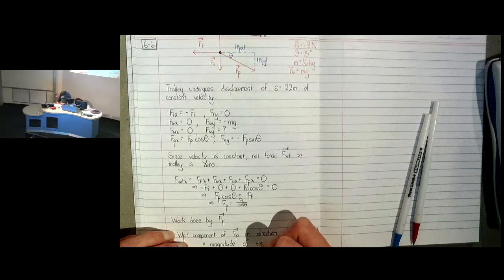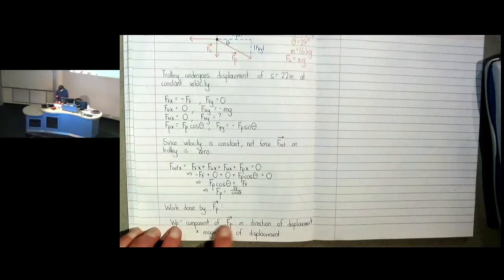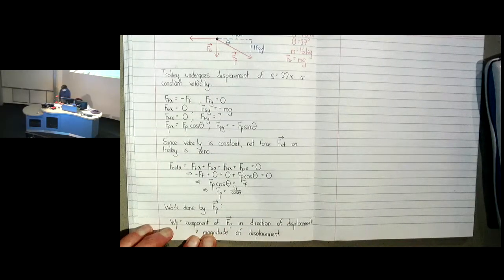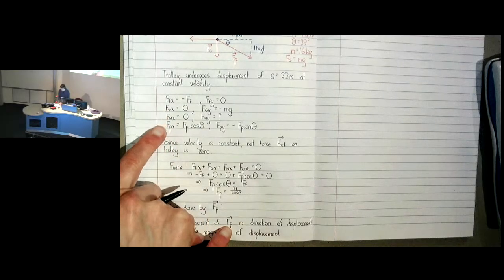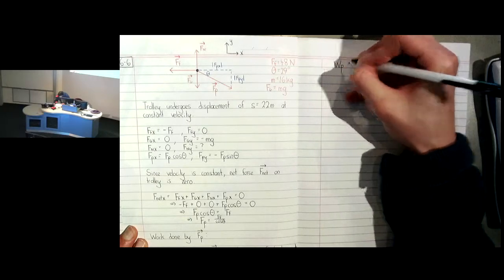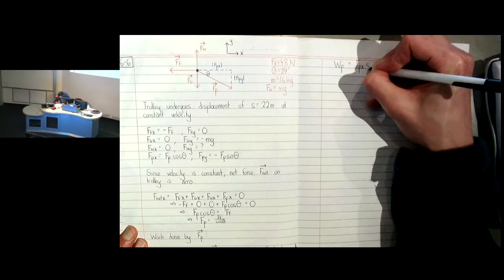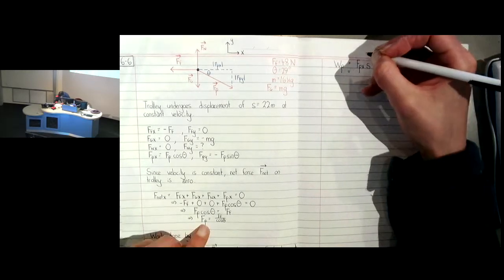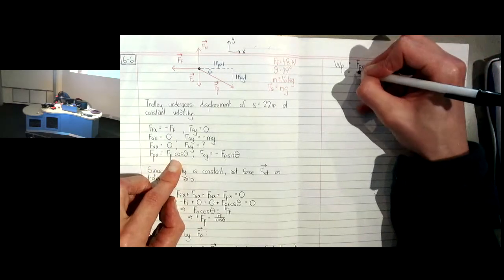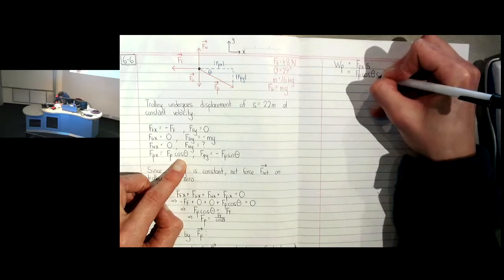Now in this case, the trolley is going to be moving in the positive x direction, because that's the direction in which the person's pushing force is being applied. So the component of Fp in the direction of the displacement is just going to be the x component. So the work being done by the pushing force is equal to the x component of the pushing force multiplied by s, and that's equal to Fp times cos theta times s.